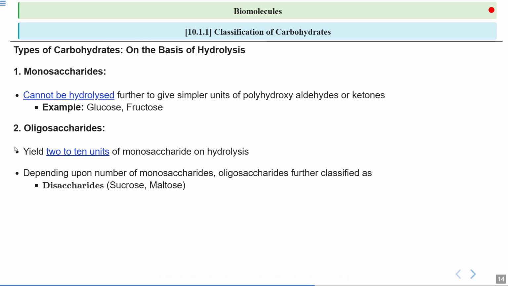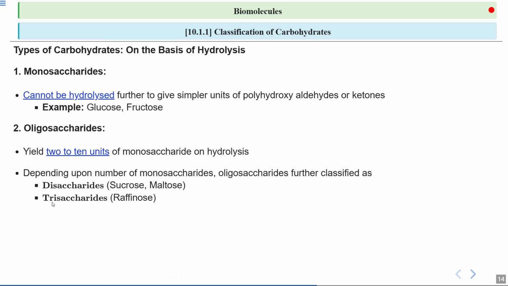First is disaccharides. Disaccharides are oligosaccharides made up of two monosaccharide units. Examples include sucrose, which is table sugar, and maltose, which is found in malted foods. Next is trisaccharides. See from the name itself, di means two, tri means three.